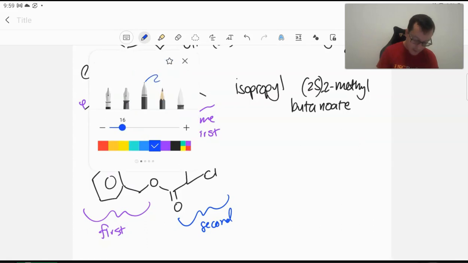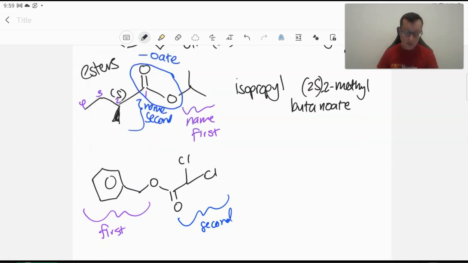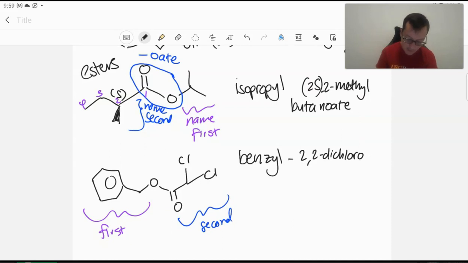So first we're going to name our purple side. That of course is benzyl, right? Benzyl. 2,2-dichloro. Oops. What do we have here? Ethanoate.